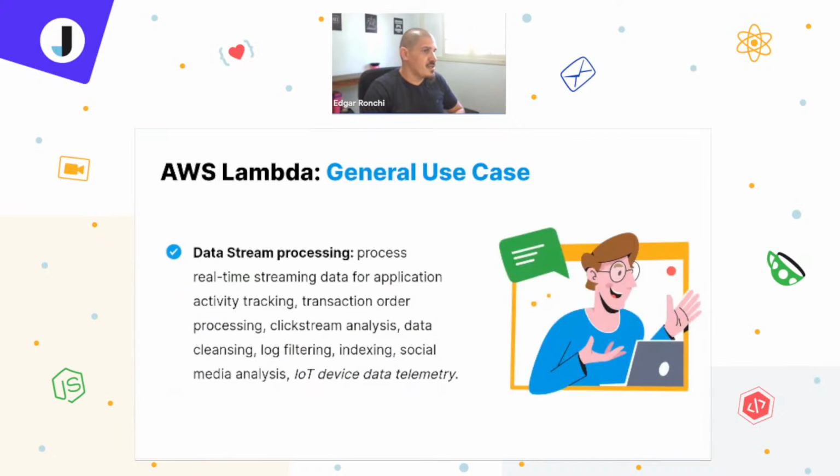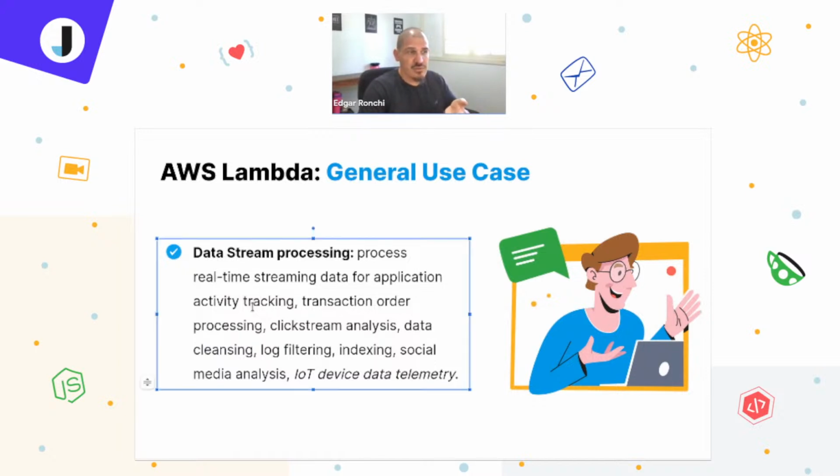Then after that, we have, for example, in considering the data stream, some examples of data stream processing could be stream data from applications. You can monitor, for example, the activity of a user on a website, such as clicks, interactions, or anything you want.